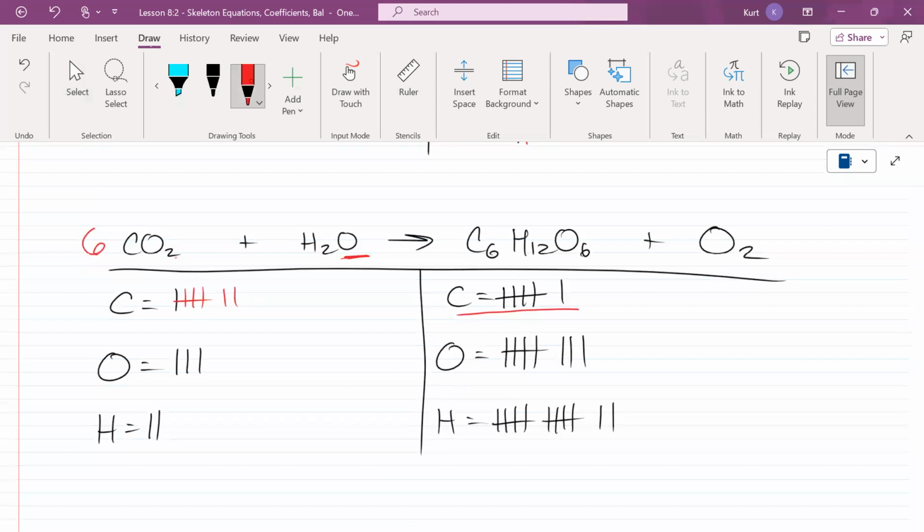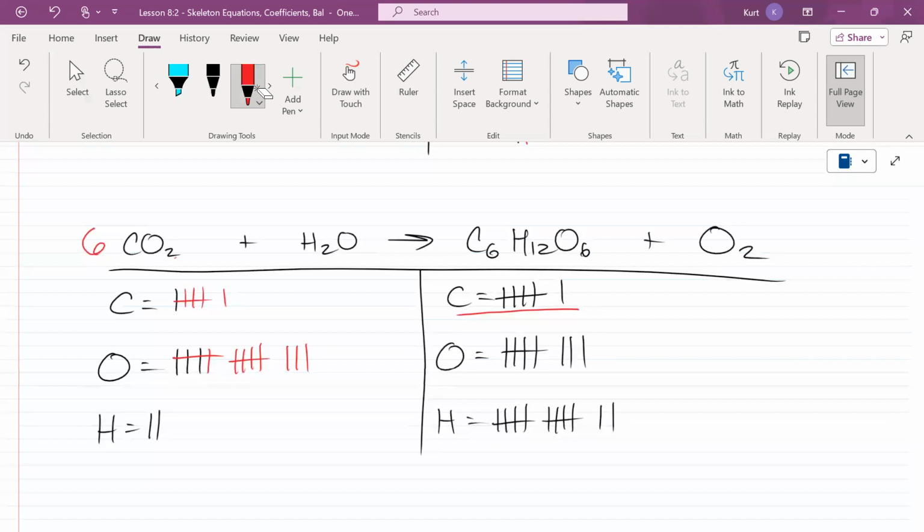Plus this 1 is what? 13. Okay. So, I added an extra carbon, excuse me. So there's 6 there. The carbons look good. Oxygens and hydrogens, not so much.